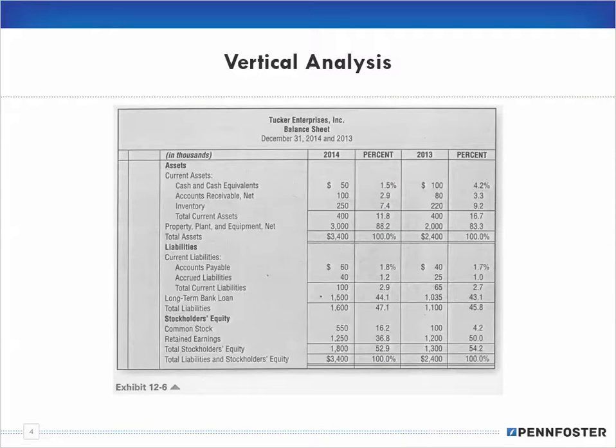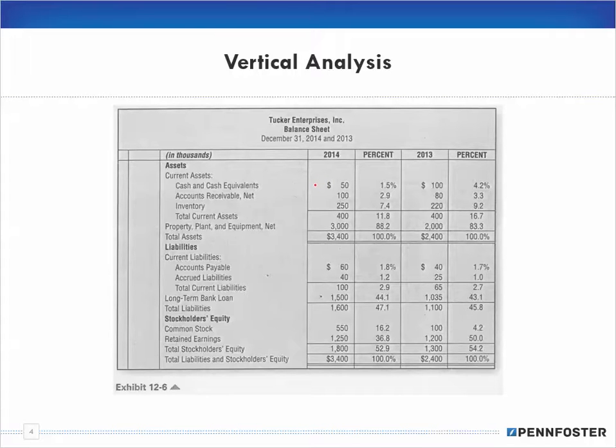And this, again, allows you to compare apples with apples, okay? Not only within a company from year to year, but from business to business. Let's say this is Tucker Enterprises, but let's say I had Smith Construction, right? If all you have is just dollar amounts, that doesn't help you in any way, shape, or form.